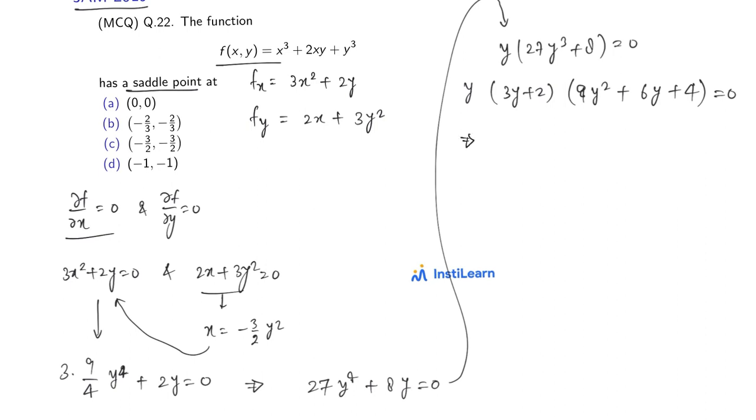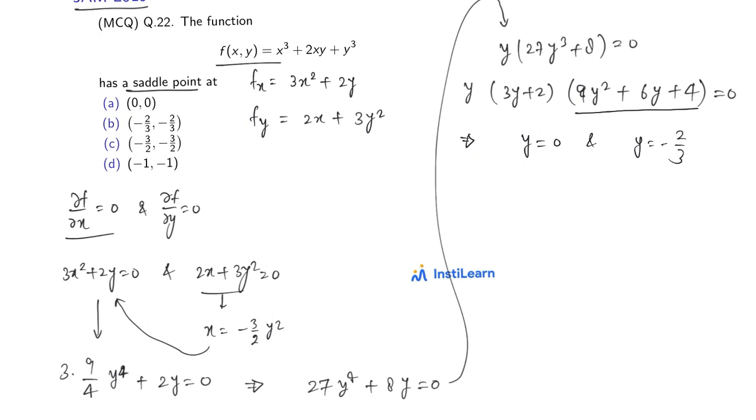So from here we have y is equal to 0 and y is equal to minus 2 by 3. From the last part we won't have a real value of y, so it would give a complex value.